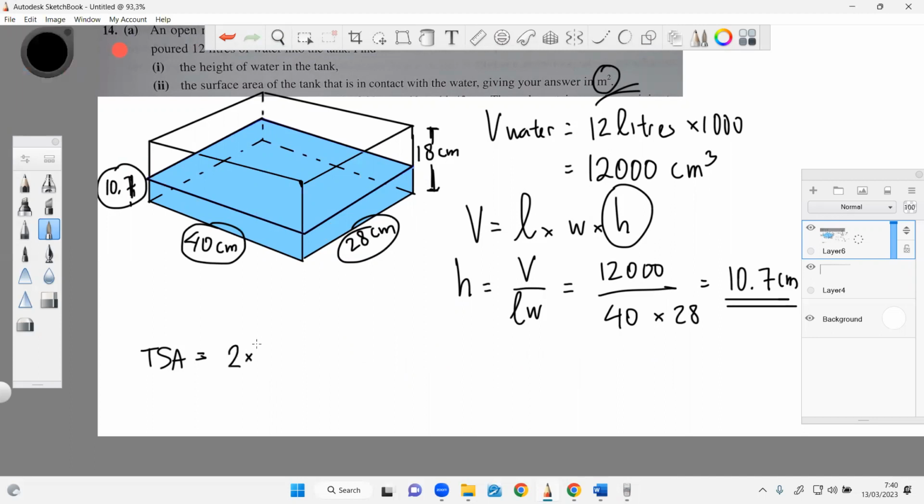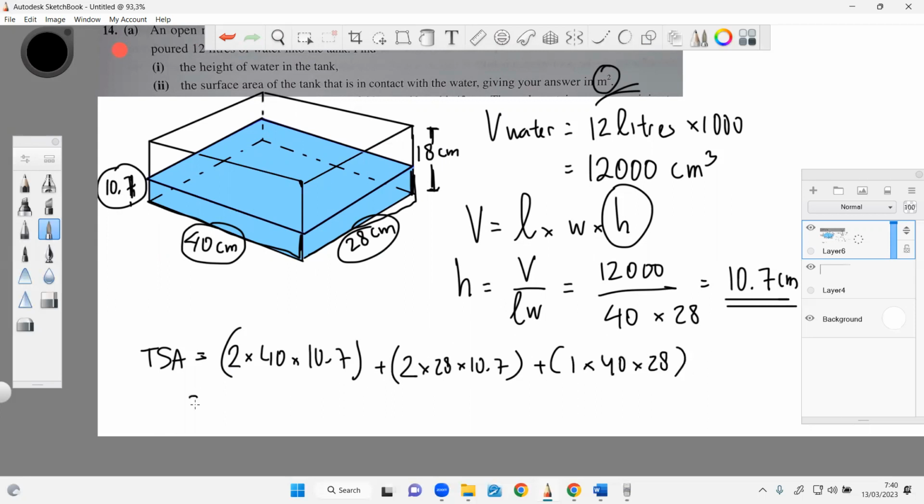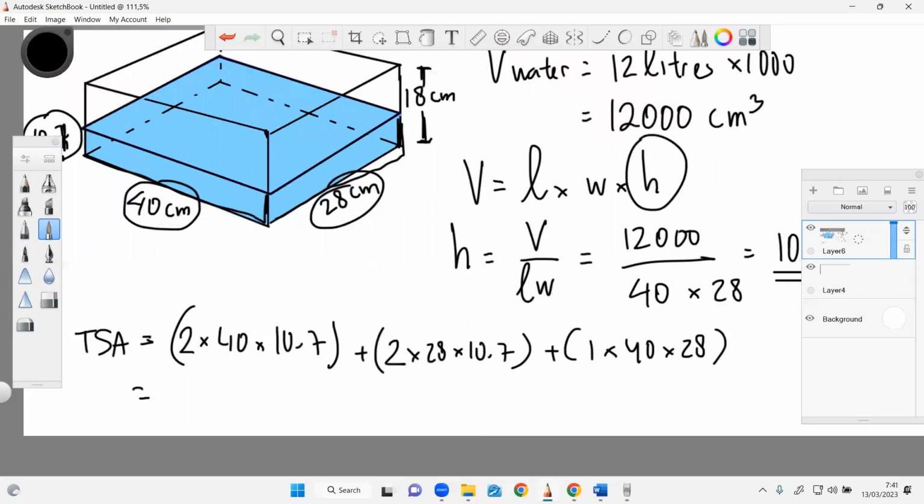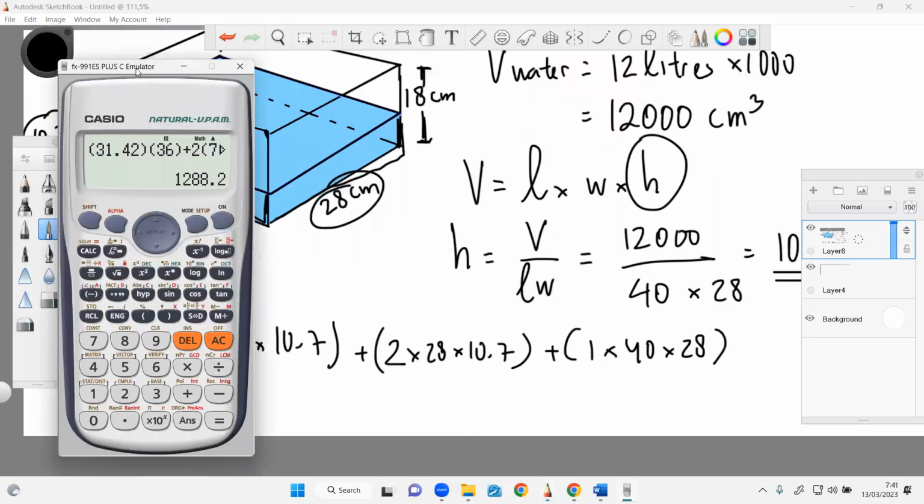2 times 40 and 10.7 on the front and back. Front and back, 2 times 40 times 10.7. And we also have 2 of 28 and 10.7. Get it, guys? 28 times 10.7, and 1 of 40 and 28. Make sense for you? You do all the working here.